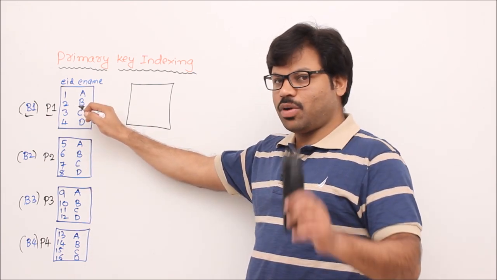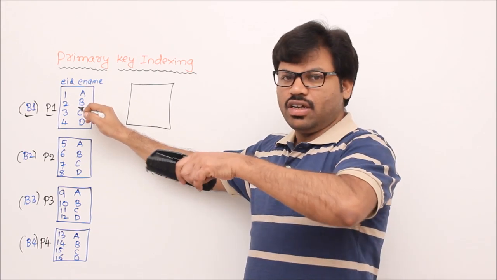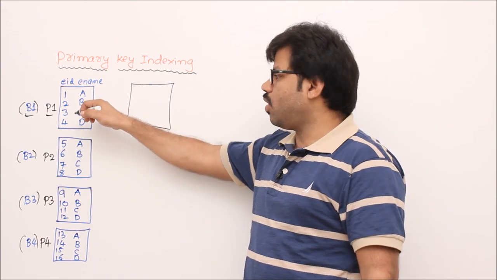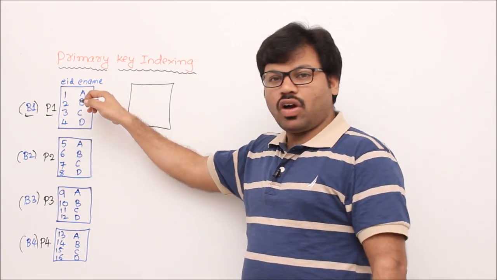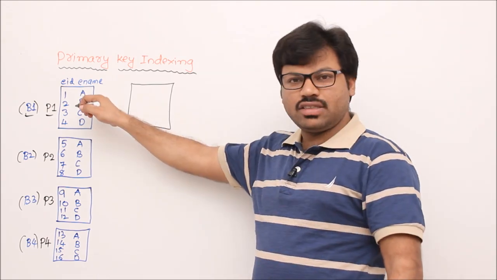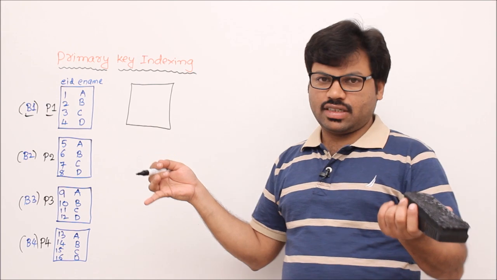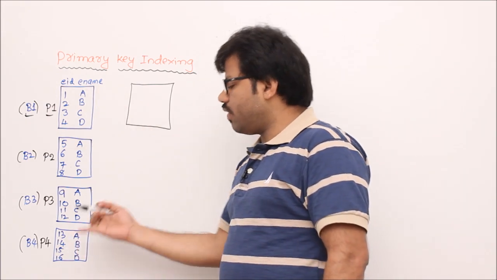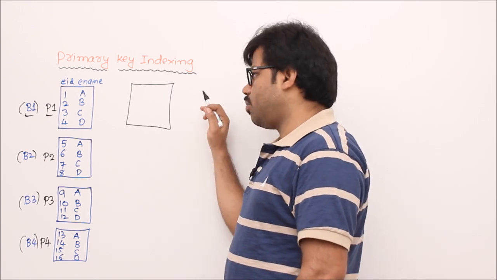I say block, but actually it is page, so I can use block and page. Every page is going to some block. Whenever I say block, that means I am dealing with low level details. If I say page, I am dealing with high level details. That's it. We can use anything, not a problem. Let's use pages.